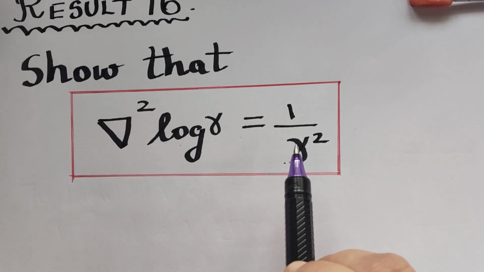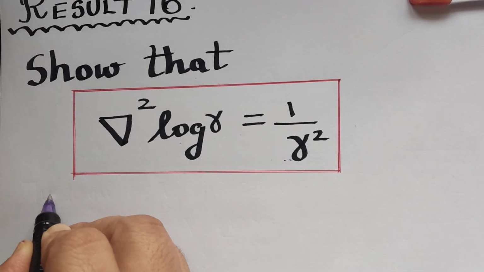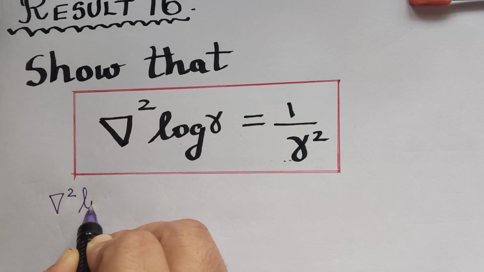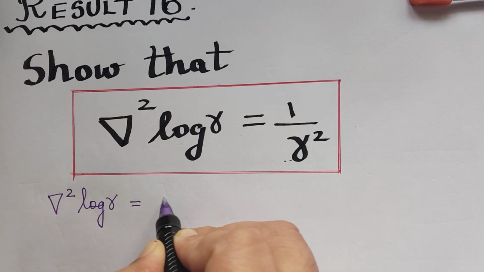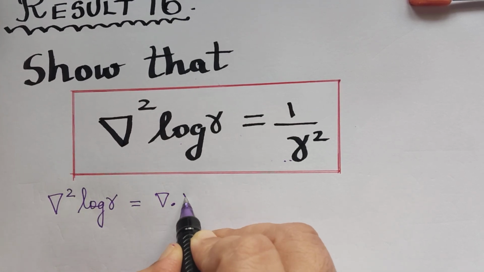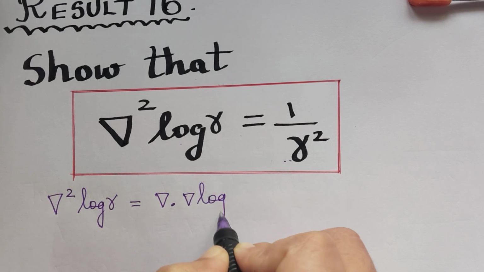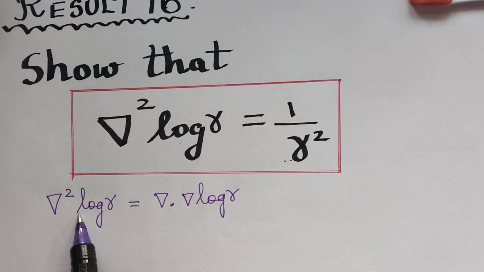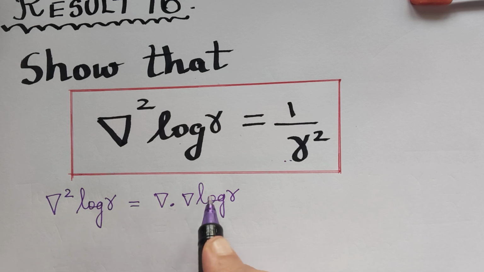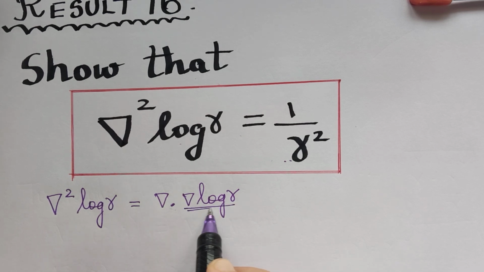In order to prove this result, first we shall consider the left hand side, that is nabla square of log r. This can be written as nabla dot product with nabla log r. So first we shall find nabla log r.